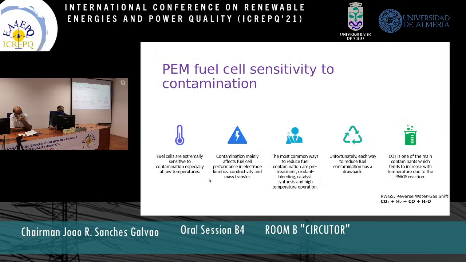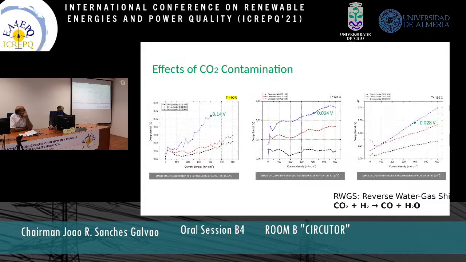So here we visually see the sensitivity of fuel cells to various contaminations. Fuel cells are sensitive to both carbon monoxide, CO, and also carbon dioxide, CO2, which is shown on the right. It could very severely drop the voltage, as indicated in these figures.